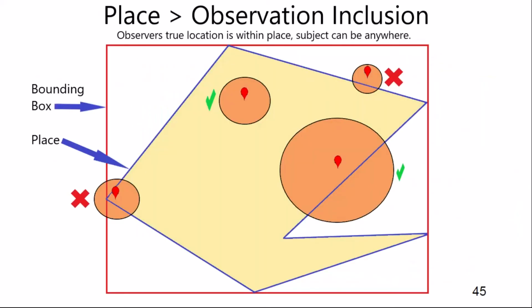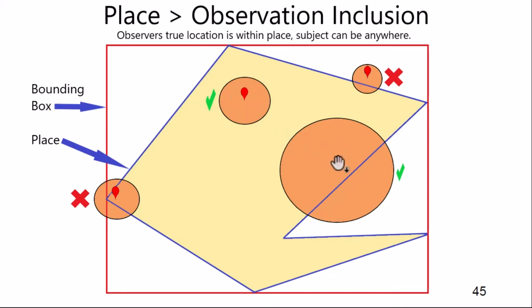So here's kind of an explanation in a nutshell. I've got a place, I've got a bounding box. Like I said, that's just hypothetical, you'll never see it, but that's how they calculate what shows up. So this would be the standard thing: I have an observation with the latitude and longitude inside the place and a moderate accuracy circle.